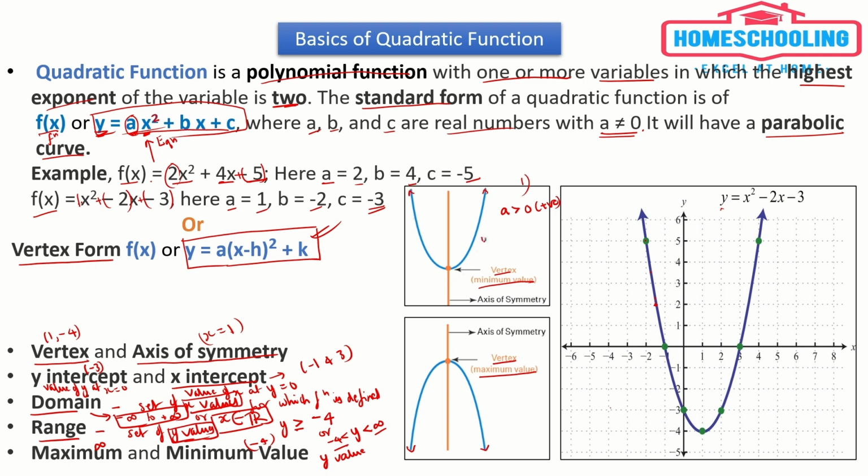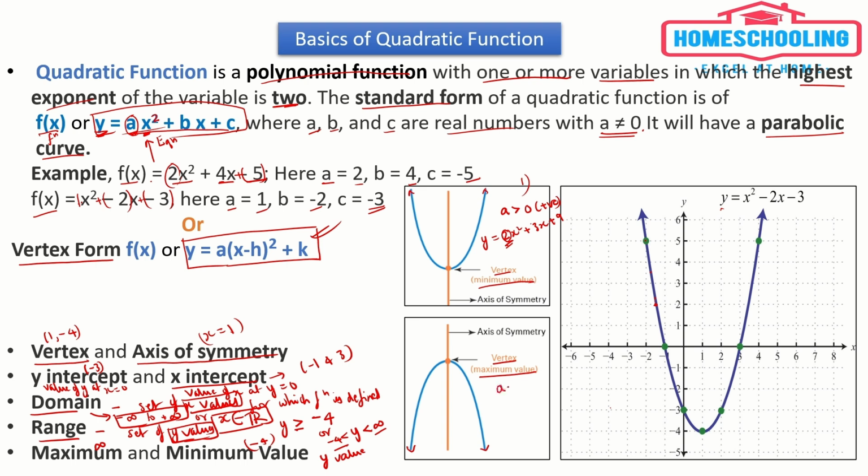So let's say we have an equation ax square plus 3x plus 9, where a is a positive number greater than 1. Whenever a is greater than 0, your parabolic curve will have an opening in the upward direction.